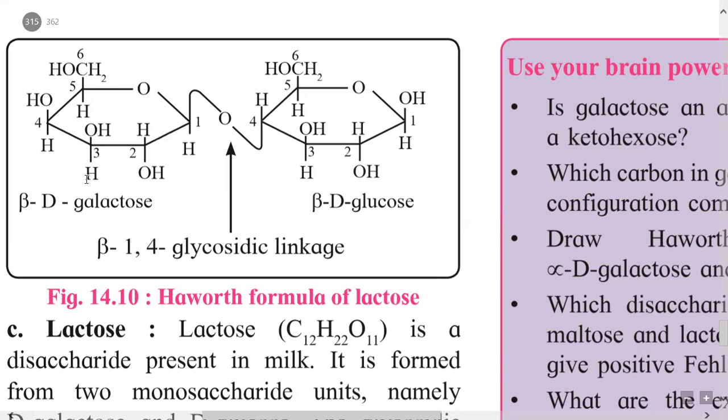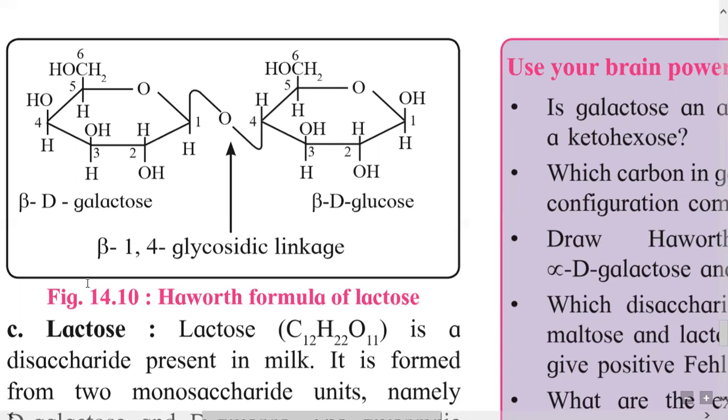Depending upon the position of OH group at carbon 1 in galactose or in glucose, these alpha or beta structures, anomers, are there. We had already studied this, but I am explaining it for this detailed study of galactose.